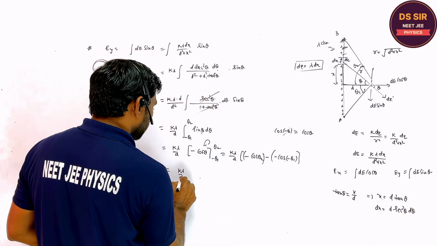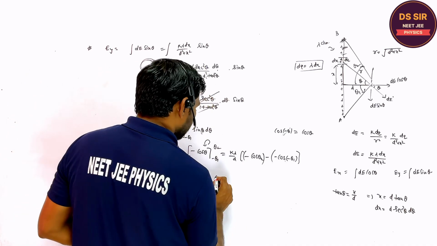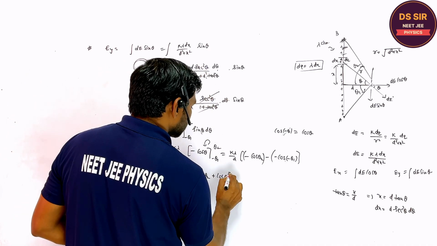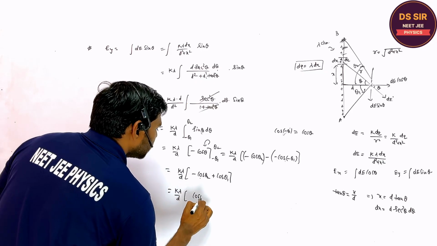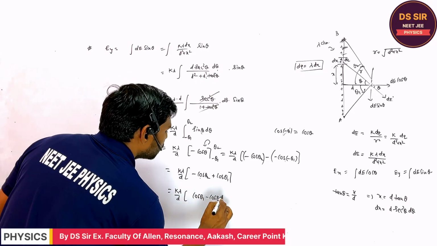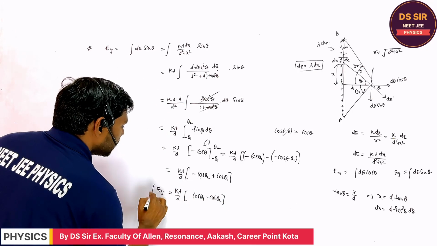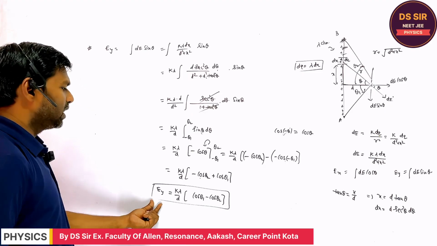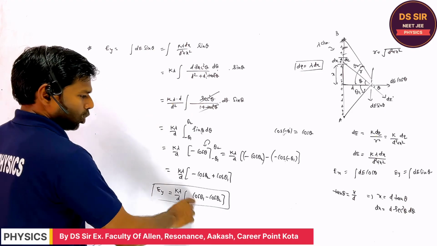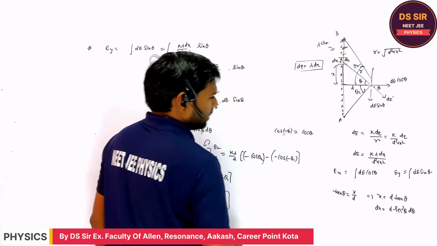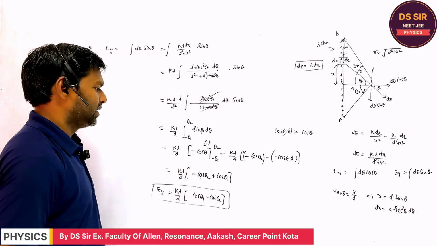So k lambda upon d, this is minus cos theta 2, minus minus becomes plus, and it is cos theta 1. So the answer is k lambda upon d, cos theta 1 minus cos theta 2. So this is the Ey. Is it clear or not? So this is the electrostatic field in the y direction, cos theta 1 minus cos theta 2, and in the x direction it is sin theta 1 plus sin theta 2, right?